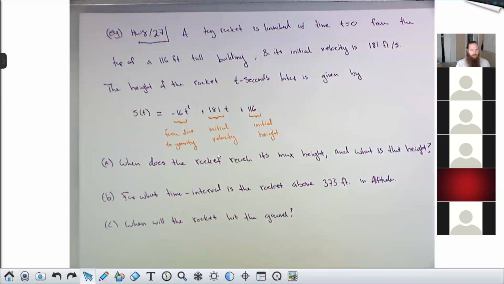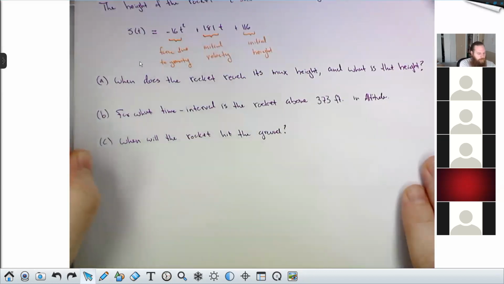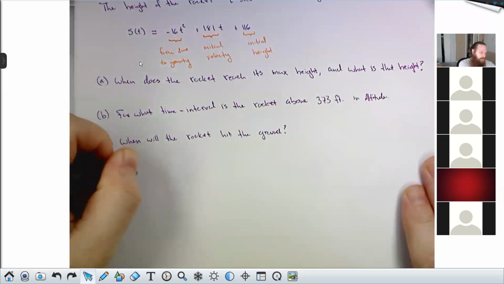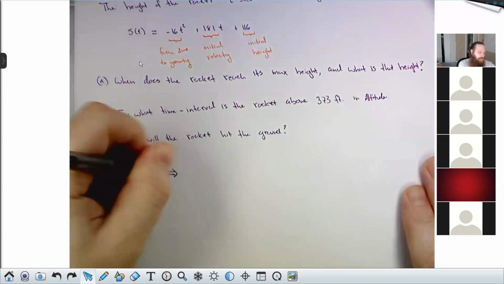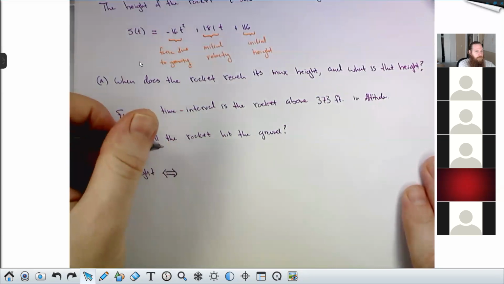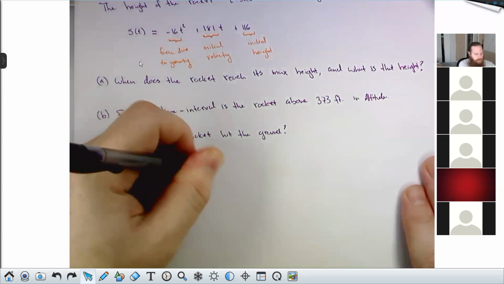So now if we want to answer these questions for sure, the way we do it is we come in here and we do some algebra. So what feature of that graph tells me the max height? Yeah, the vertex, right? I need the vertex.